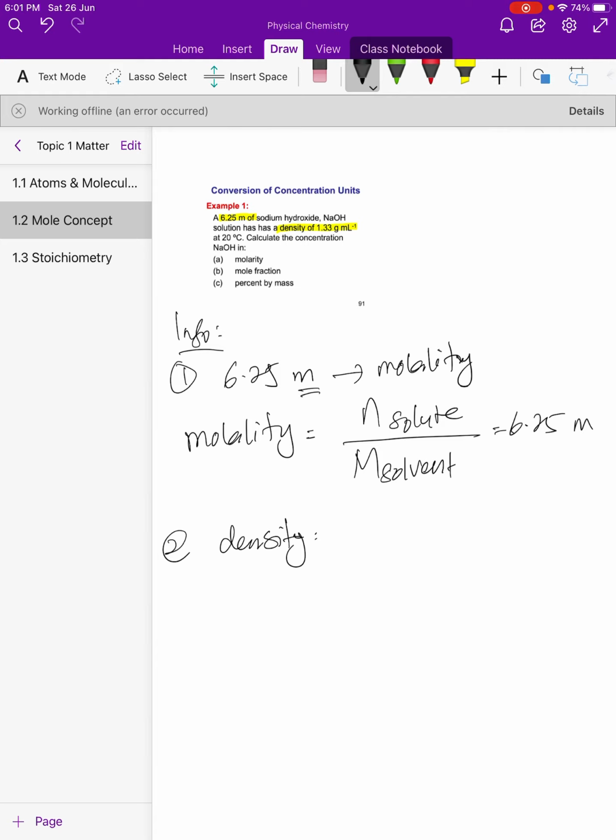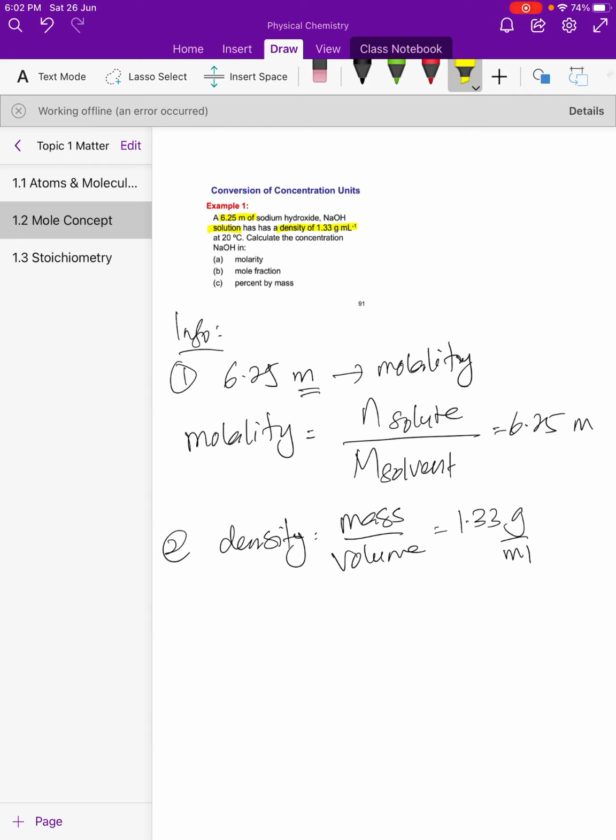Density is mass divided by volume. Okay, in this case it is given as 1.33 gram per milliliter.